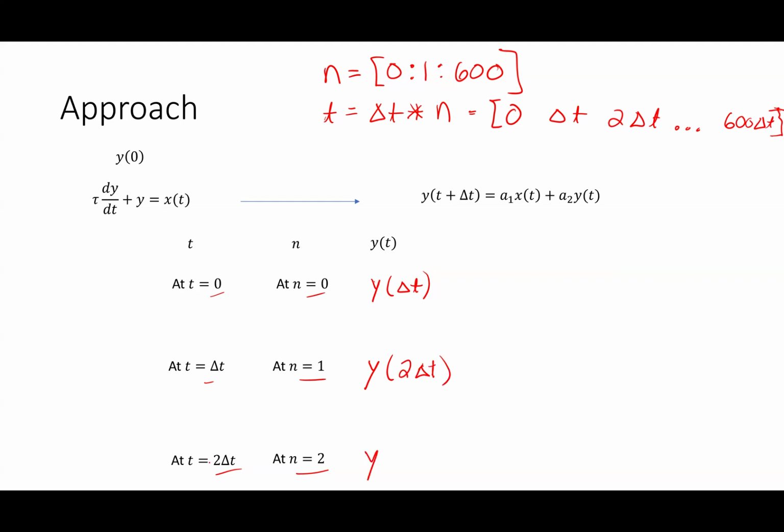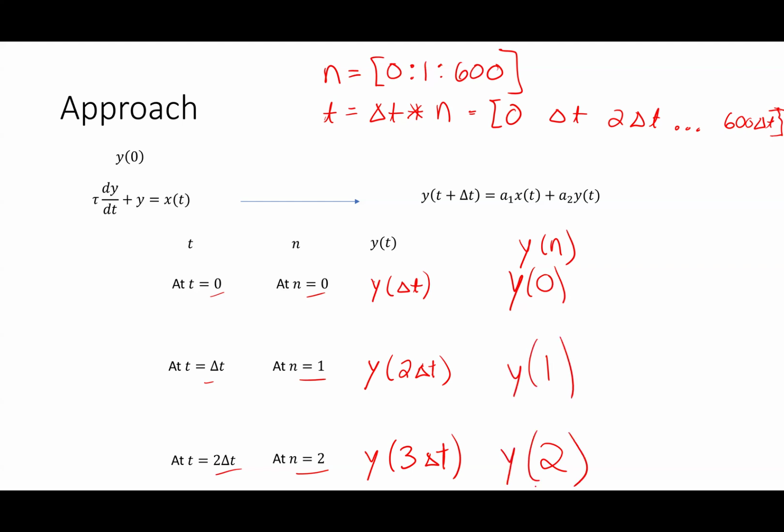What am I solving for at time t equal to 2 delta t? y of 3 delta t. So in terms of the values that are going to be in there, this would be the first value, this would be the second value, and this would be the third value I would get. Again, beginning at 0, so I should say y of 0, y of 1, y of 2.